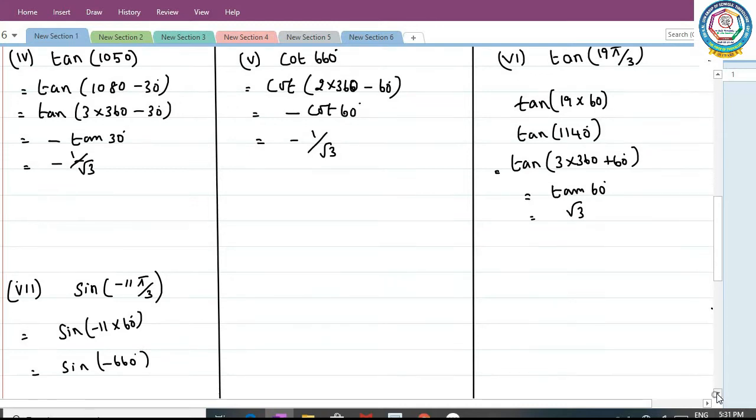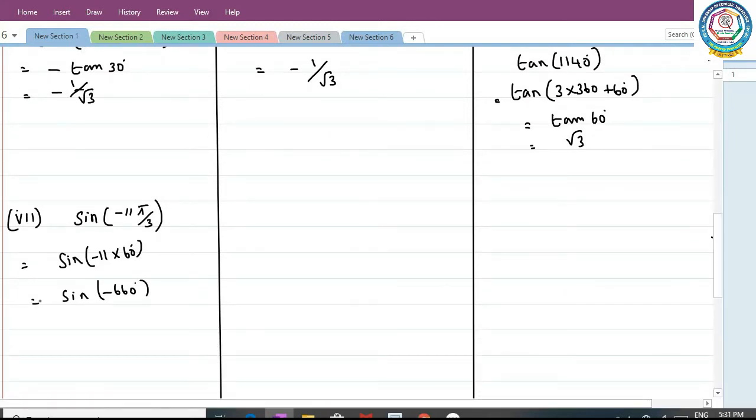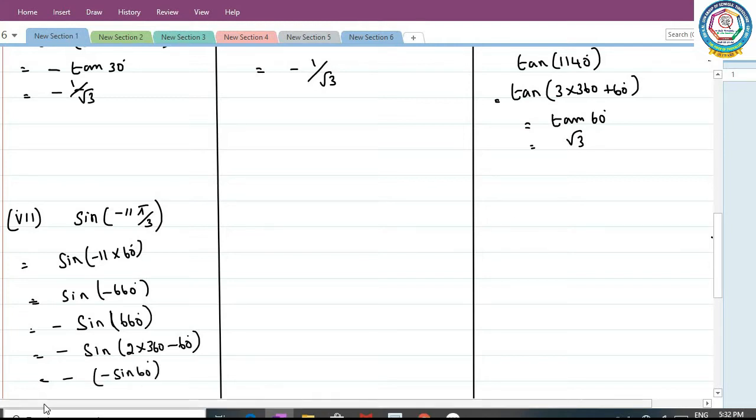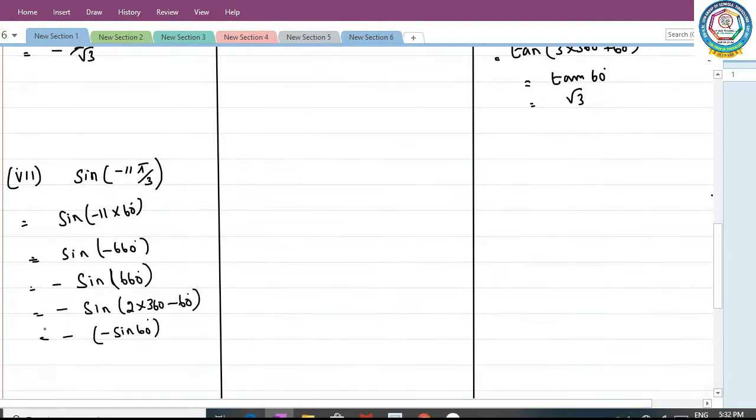I already told that sine of minus theta is equal to minus sin theta, so minus of sine 660 degree. 660 I am going to split as minus sine of 2 into 360 minus 60 degree. So minus sine 360 minus theta is minus sin theta. So it is minus of minus, plus. So sin 60 degree. We know the value of sin 60 degree is root 3 by 2.